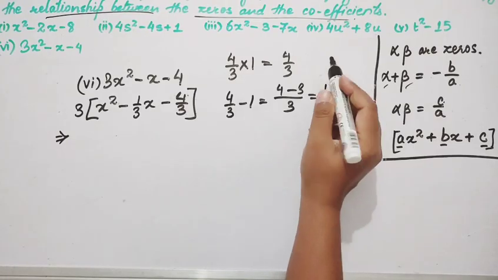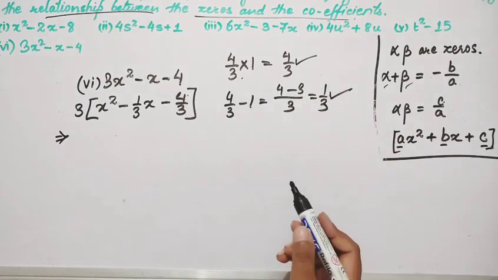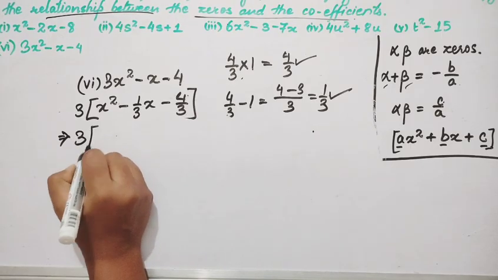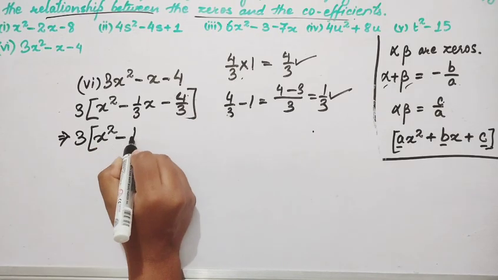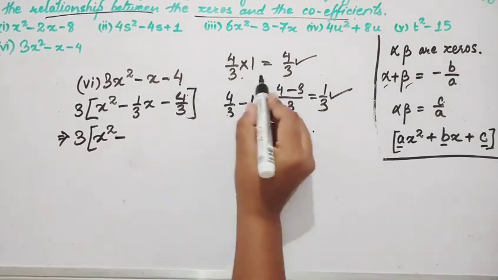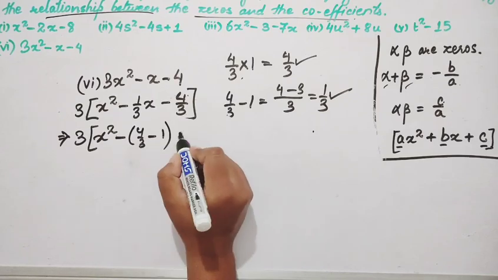So we got 4 by 3 when multiplied and 1 by 3 when subtracted. Let us take these two numbers, x square minus, what are the numbers? 4 by 3 minus 1.